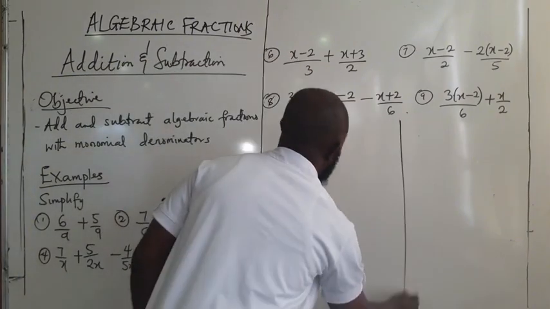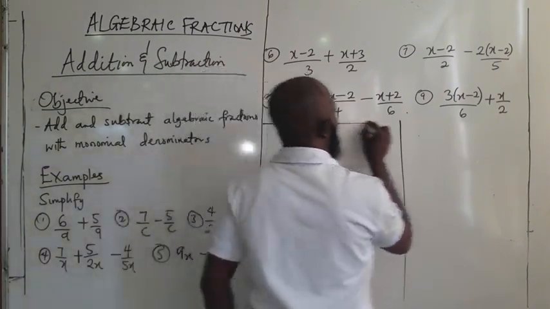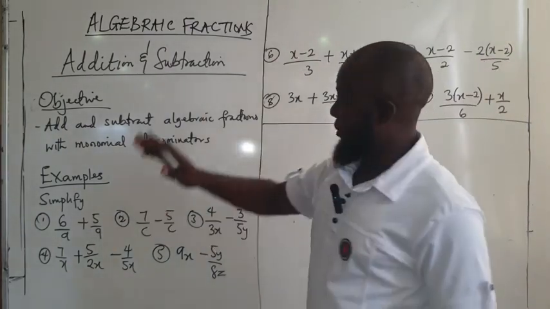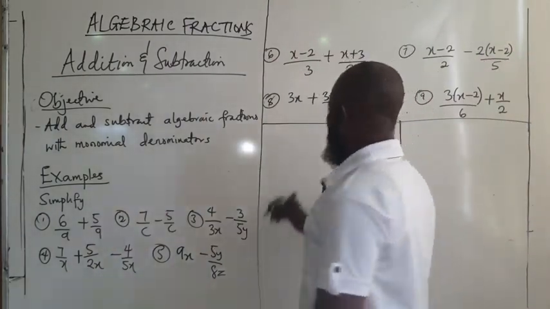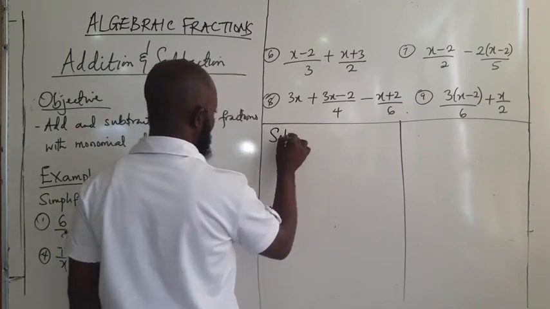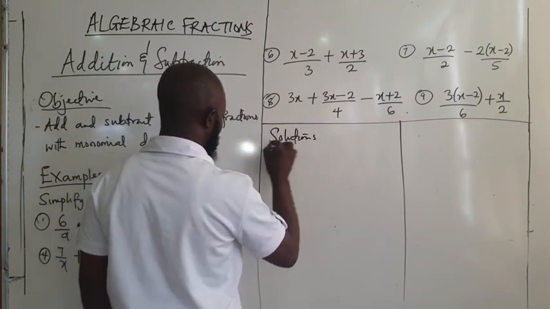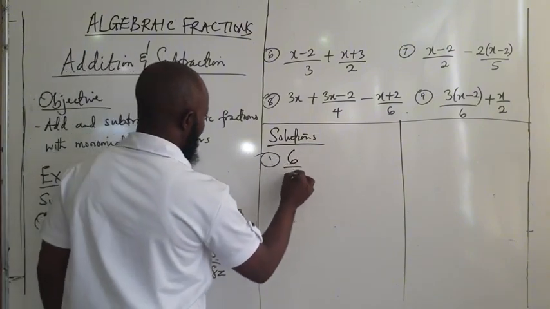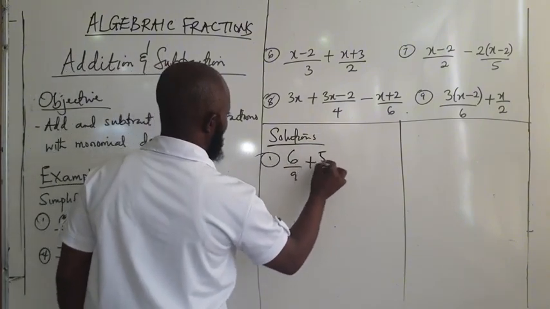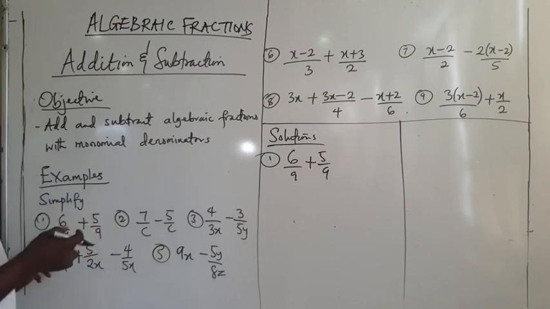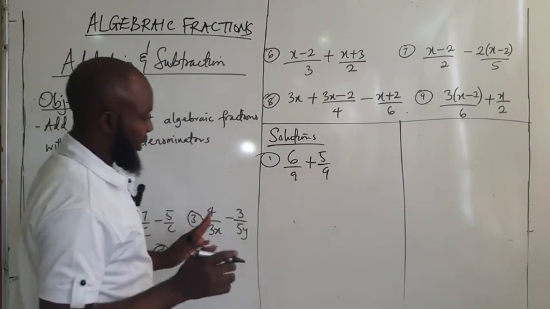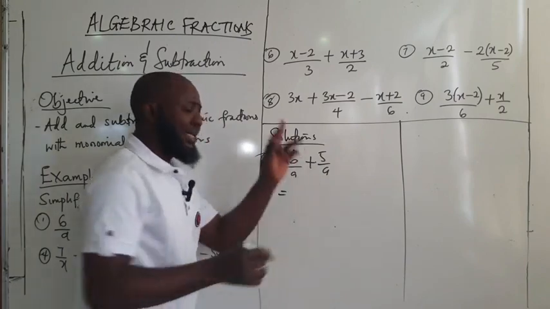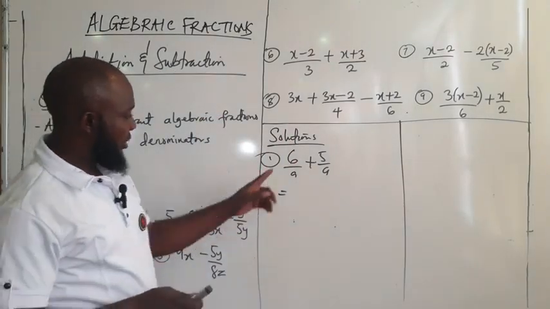So let's start with the first one. Now, I've told you earlier on, the way we add and subtract normal fractions is the same thing we're going to do here. So let's start with the first one, solution. The first one we have 6 over a plus 5 over a. You see, questions 1 and 2 are straightforward because they have the same denominators.